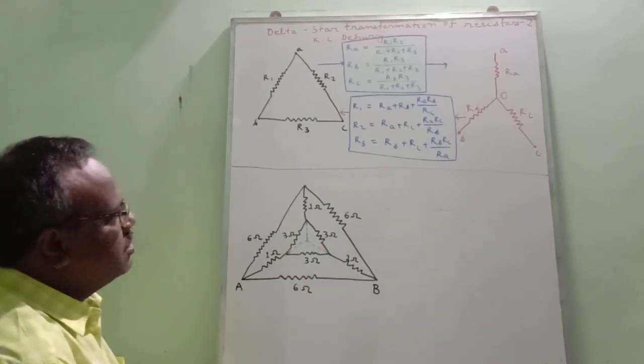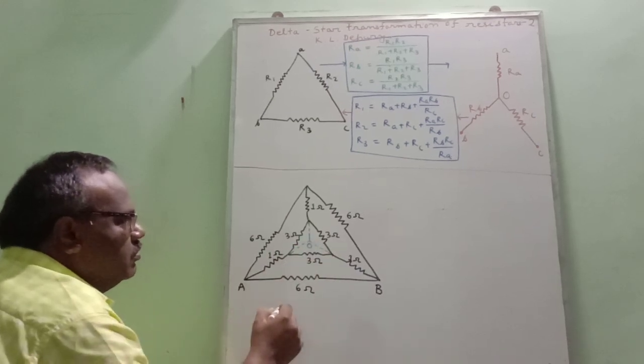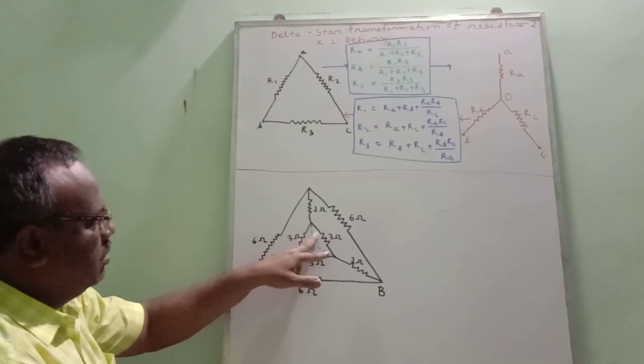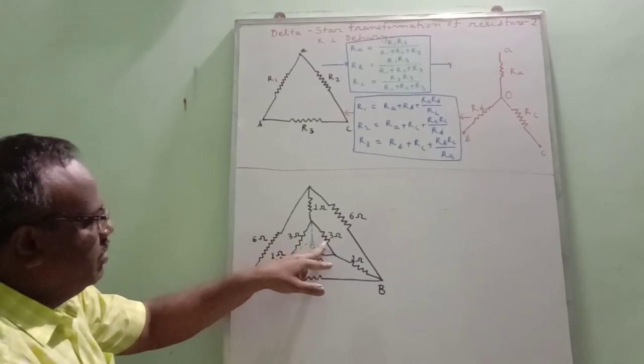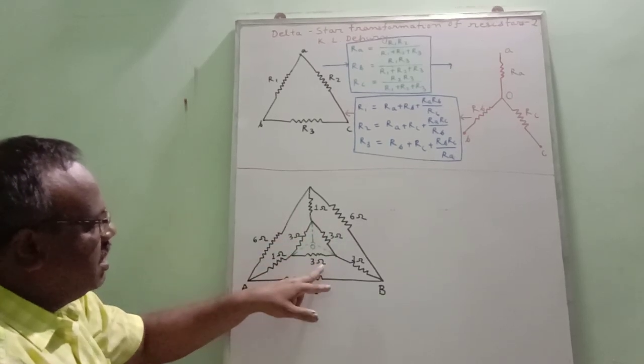if you join like this, let this be O. This is one terminal, this is two terminal, this is three terminal, and these three resistances are the same.